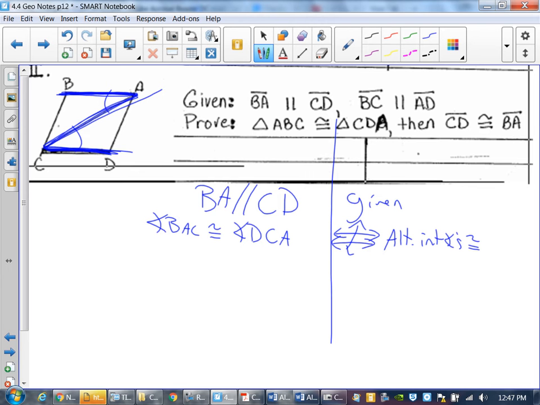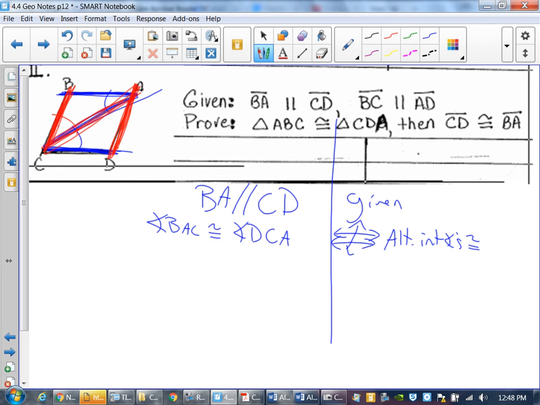Then you do the exact same thing with the other set, okay? Exact same thing with the other ones. Parallel here and here. Which means I go down, up through there, and back.